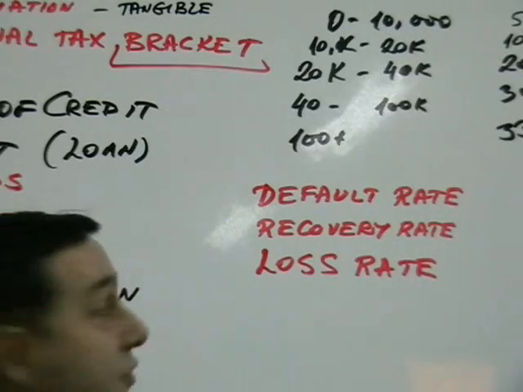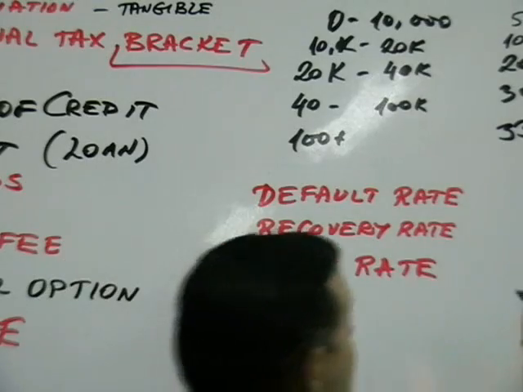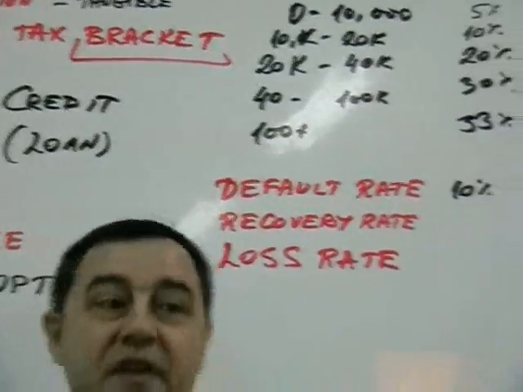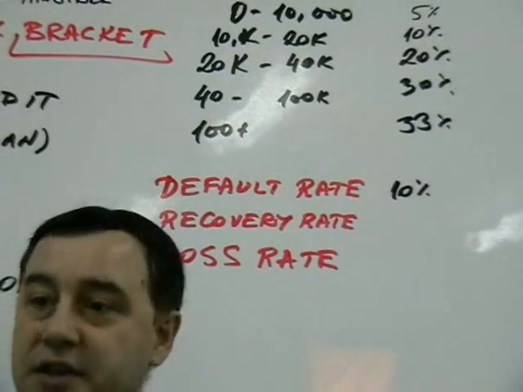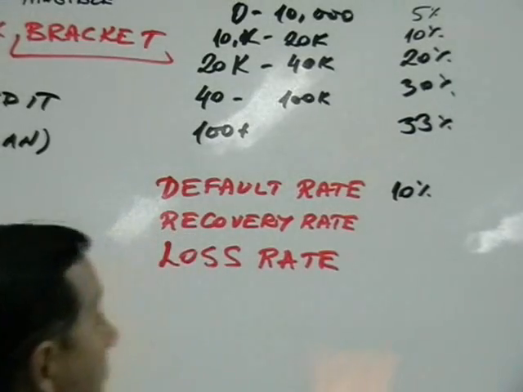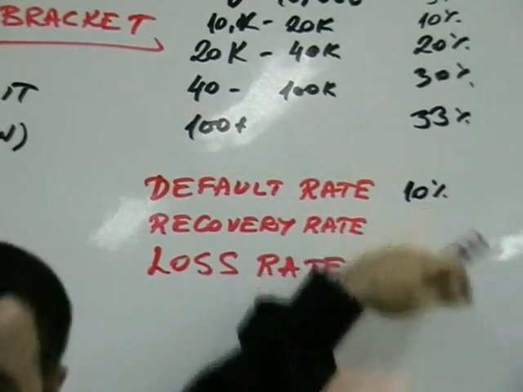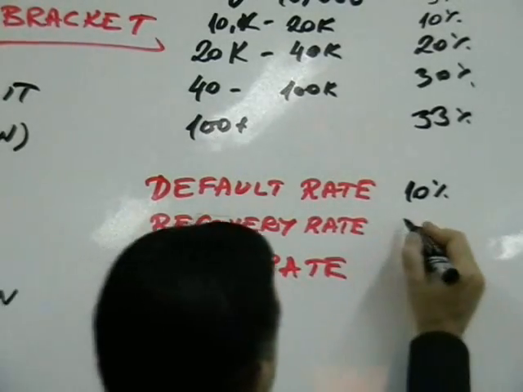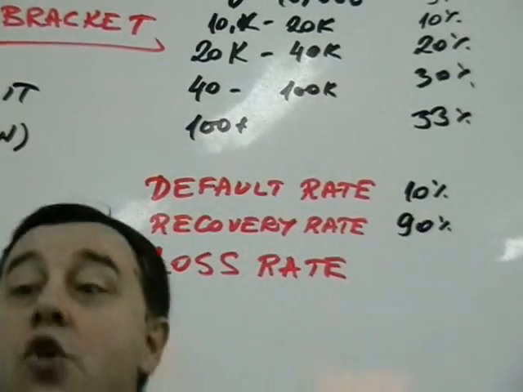So, suppose the default rate for subprimes was 10%. You provide 100 subprime loans. Out of these, you expect 10 to go bad and 90 to do fine. You also assume a recovery rate of 90%. They say, well, no big deal.